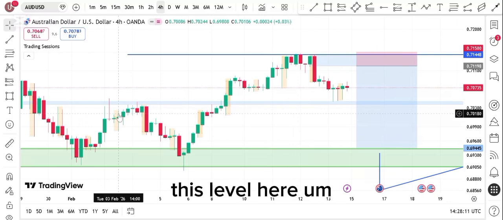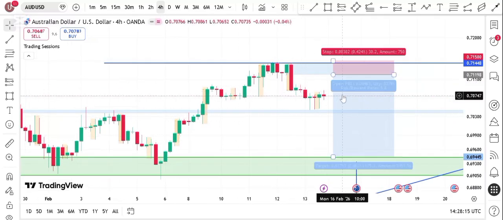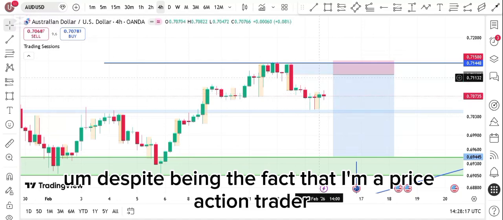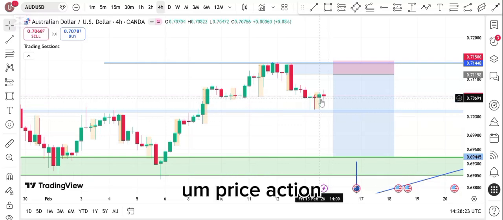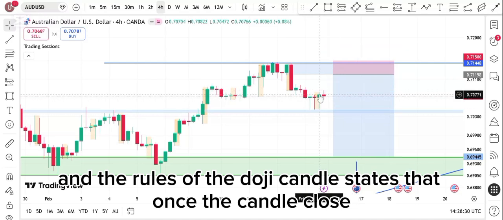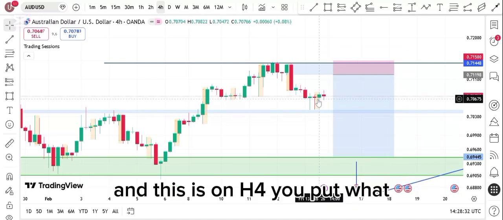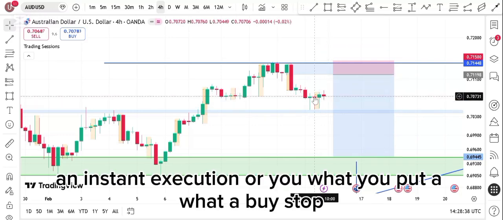The reason why I'm not taking a trade at this level, despite being a price action trader, is that these are confirmations. If you know how to read price action, you know this is a doji candle right here, and the rule of the doji candle states that once the candle closes, and this is on H4, you put either an instant execution or a buy stop.